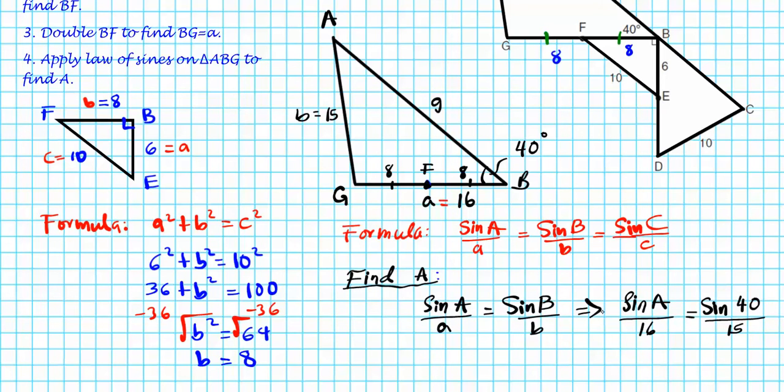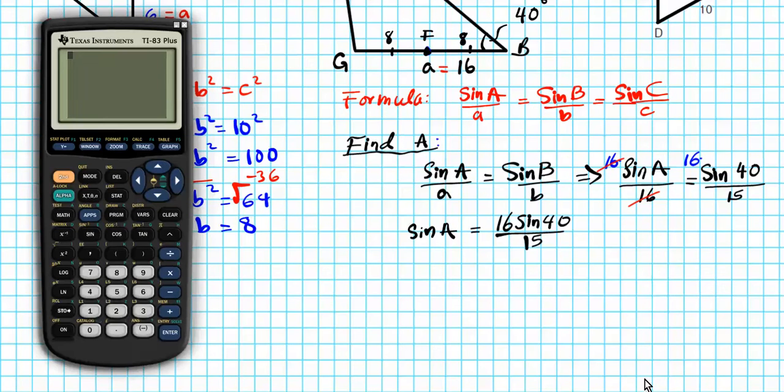Okay, now multiply both sides. In order to isolate sine A, I'll multiply both sides by 16. So the 16s divide out, and sine of A equals 16 sine 40 over 15. Okay, so we're going to plug that into our calculators.